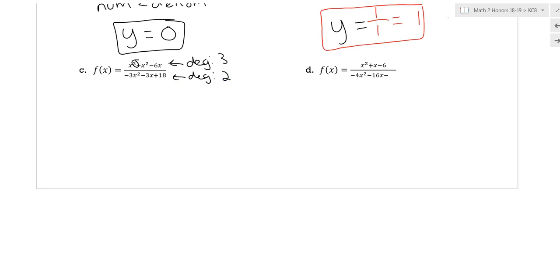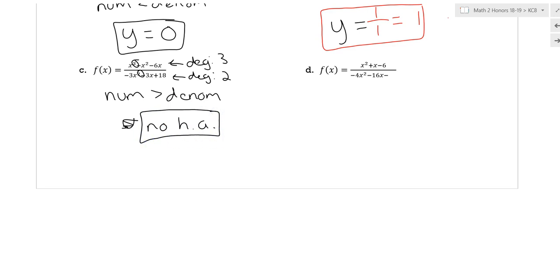Degree is 2. Okay? So the numerator is greater than the denominator. So therefore, no horizontal asymptote, right? That's the rule there.